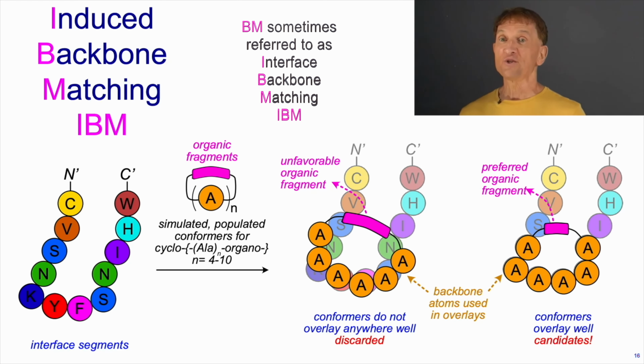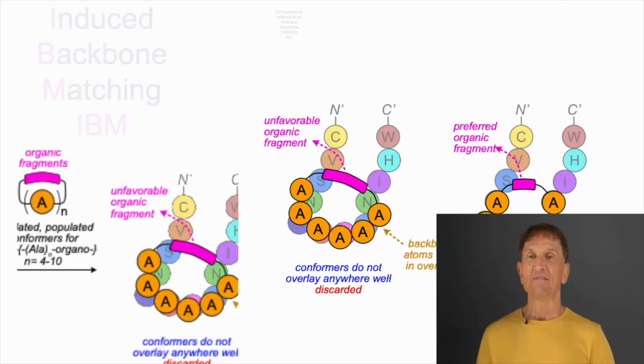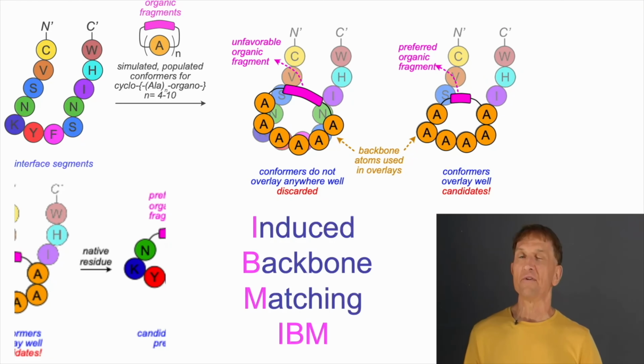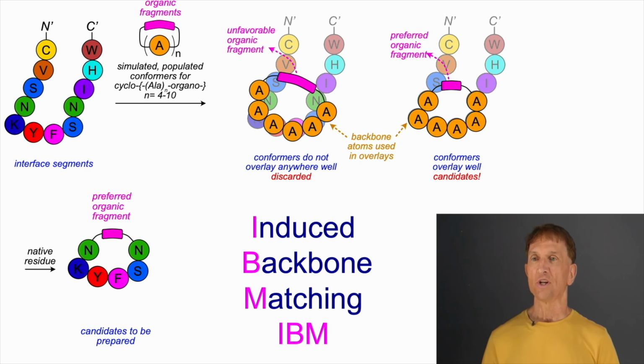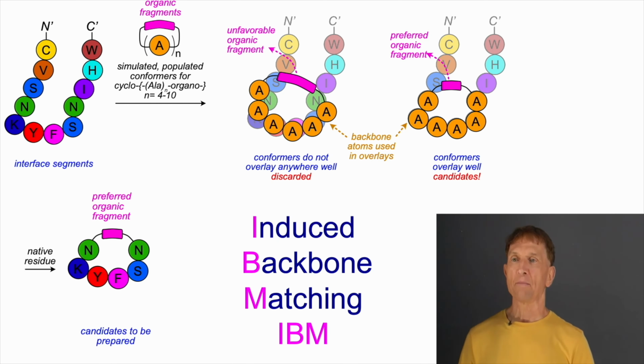And some of these things won't fit anywhere. But if luck is on our side, we'll get one that fits really nicely. And when we find a good hit candidate, then we go back and we look at the overlay on the interface loop, and we deduce which amino acids to put in the cyclo-organopeptide when we make it.